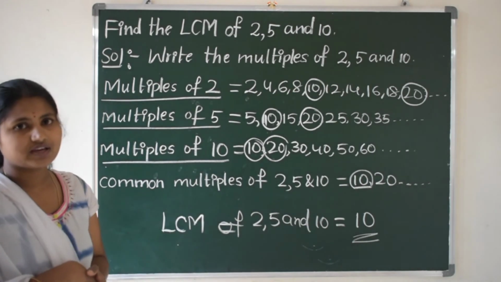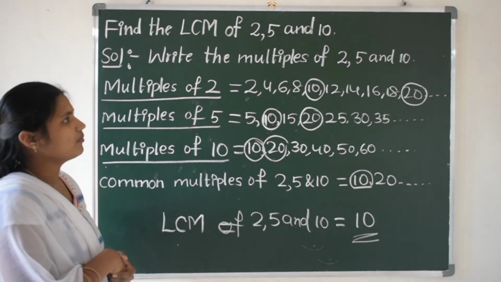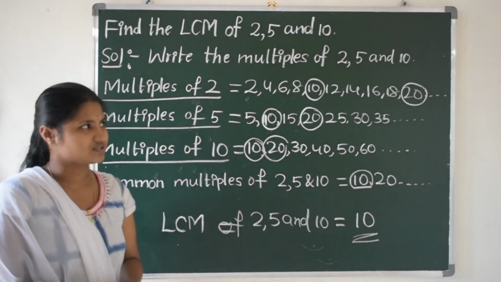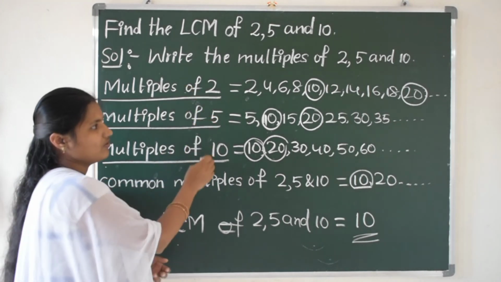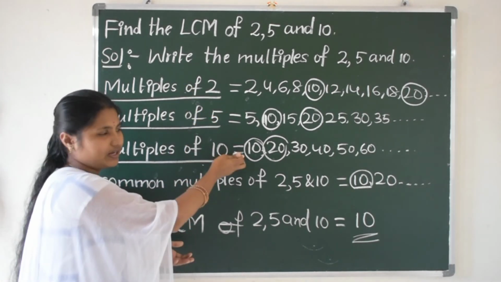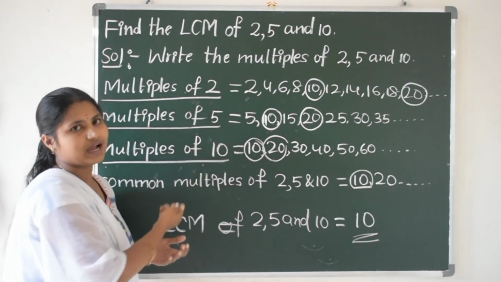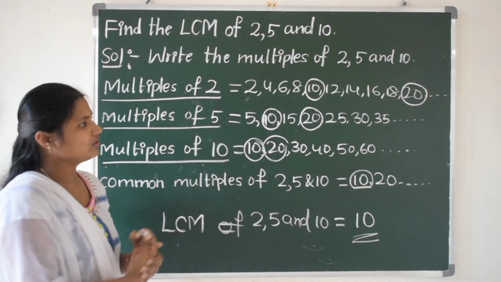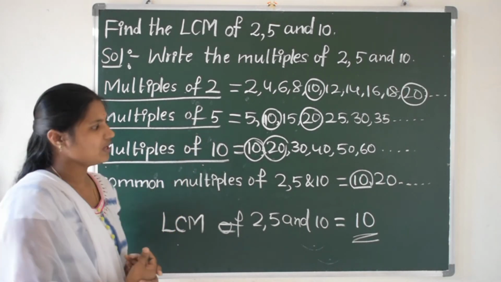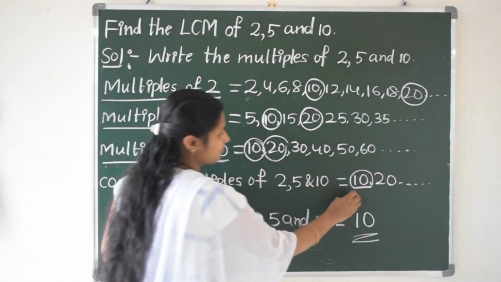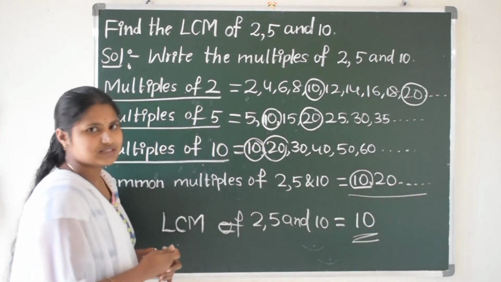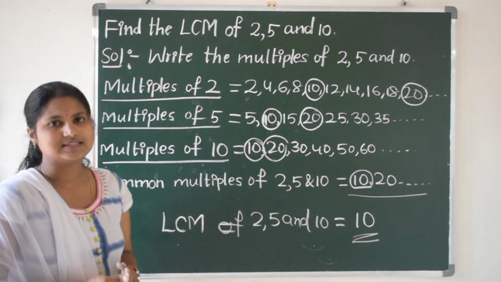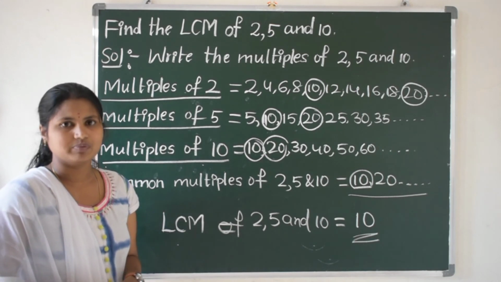First, write down the multiples of the given numbers. After writing multiples, take the common multiples from them. From those common multiples, select the smallest number, that is nothing but the LCM, least common multiple.